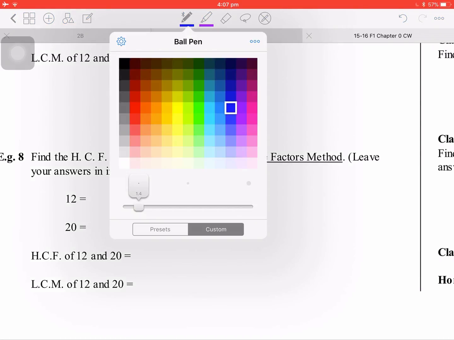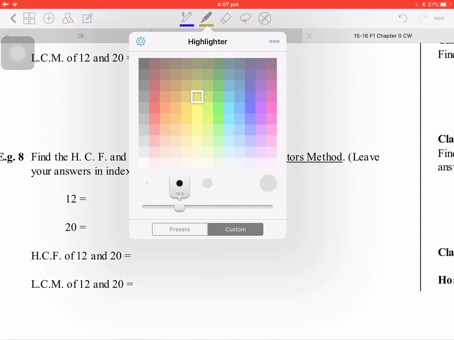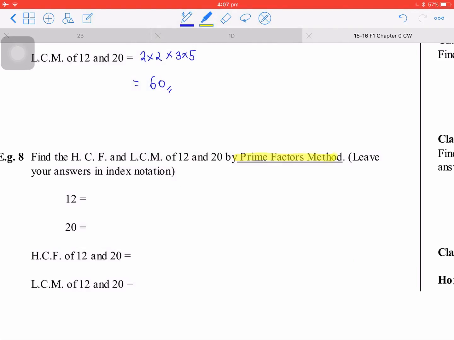However, if you see this sentence, could you just highlight it? If you are using the prime factor method and leave your answer in index notation, that means you are going to present it with the index. So you can see, if you are comparing, you just add a line here and you find out what they have. For HCF, what they have in common with the lowest index.